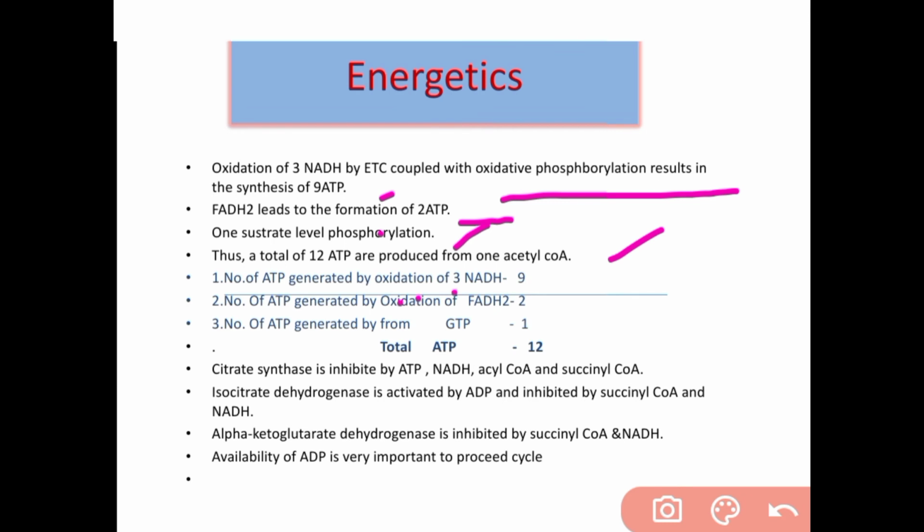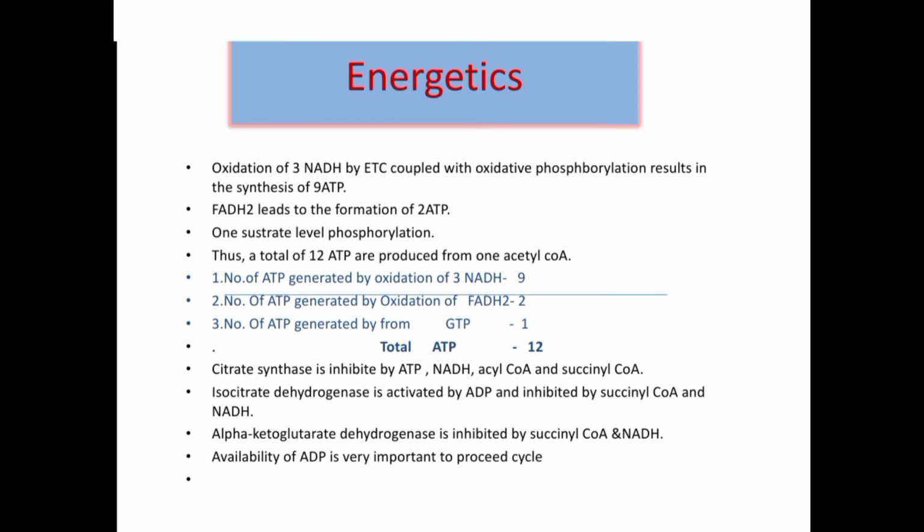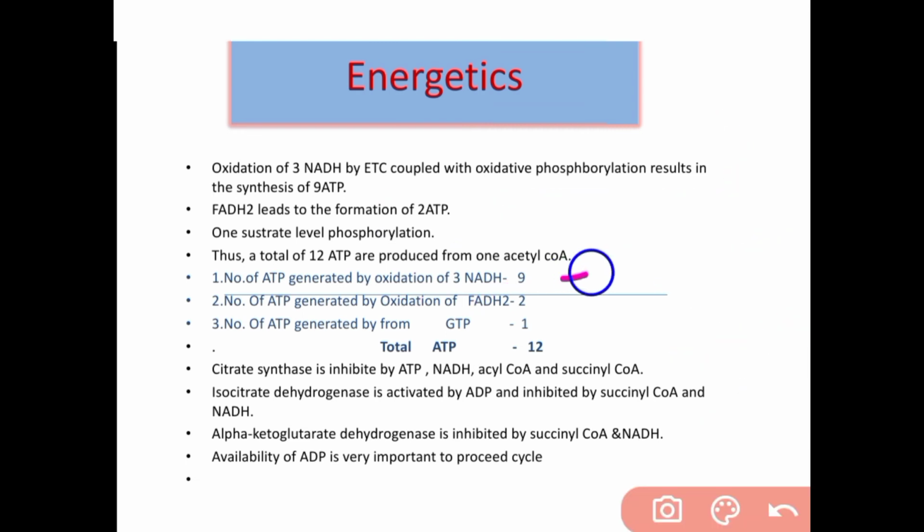The number of ATP generated by oxidation of 3 NADH is 9 because 1 NADH equals 2.5 ATP. We can suppose in round figure 3. That's why the ATP production here is 9.